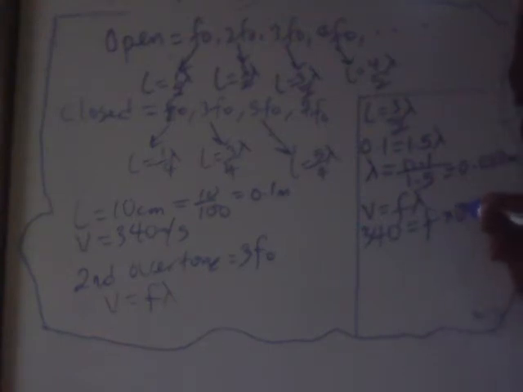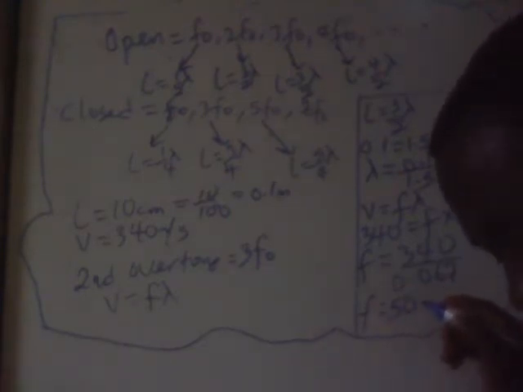So we come back to V equals F lambda. Our V is 340. We're looking for F, multiplied by the wavelength, which is 0.067. So make F the subject. F equals 340 over 0.067.